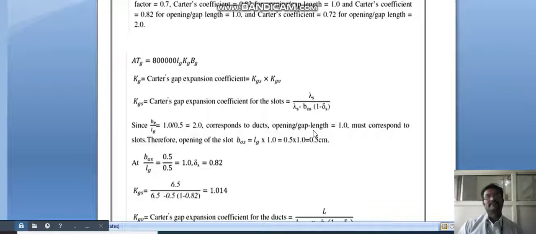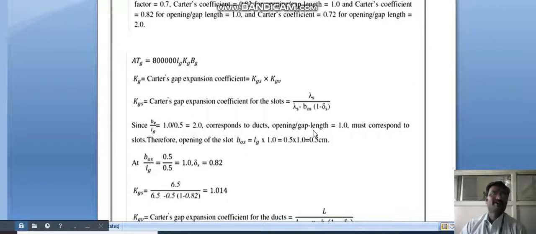One more thing for solving problems: if the poles are not mentioned, then we should consider it as a square pole only. And if they have not given the value of psi, we should consider it as 0.67 to 0.7.